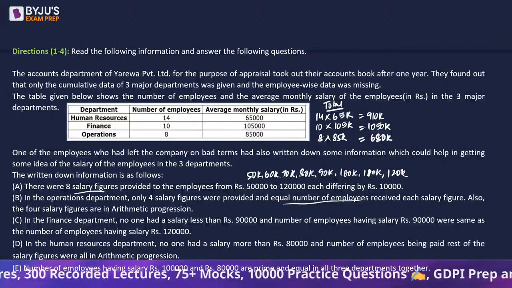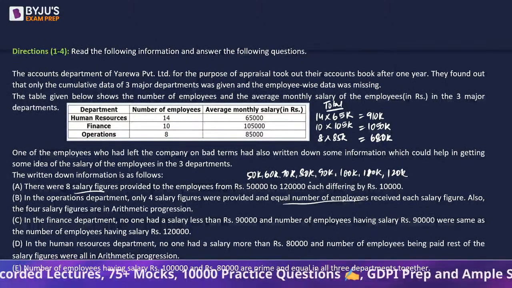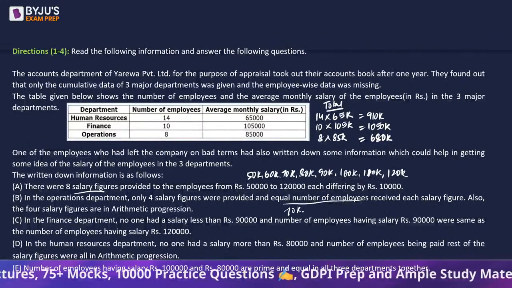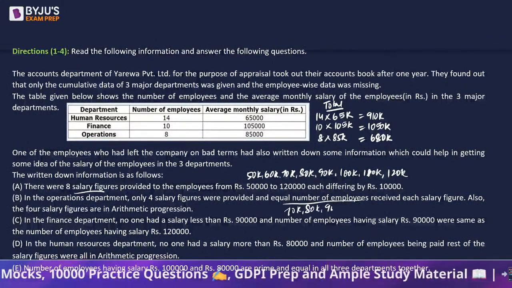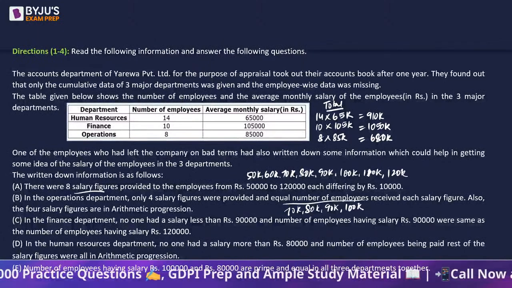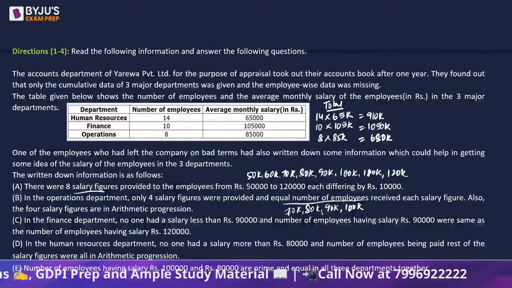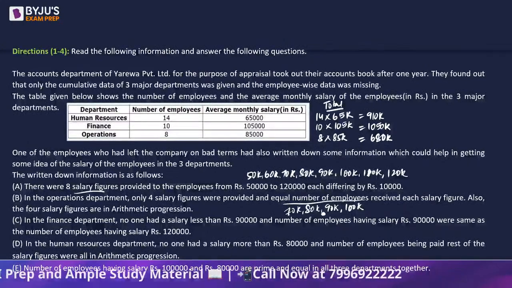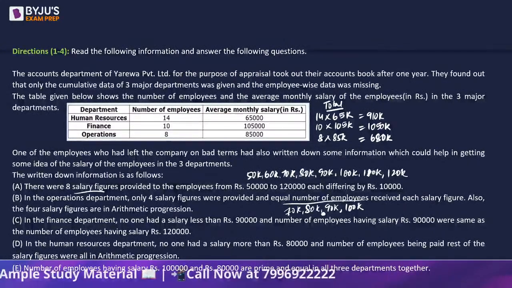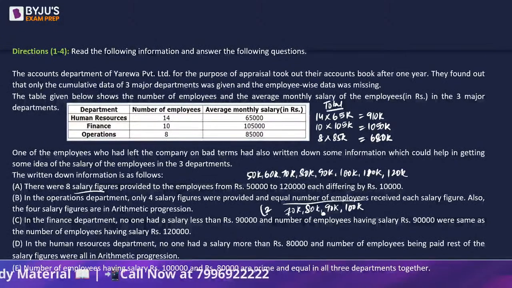So if we have 85K as the average, can we say the 4 numbers are 70, 80, 90 and 100? This will only give you an average of 85, which lies between 80 and 90. There is no other possibility. So there are 2 employees who earned 70,000, 2 who earned 80,000, 2 who earned 90,000, 2 who earned 100,000.